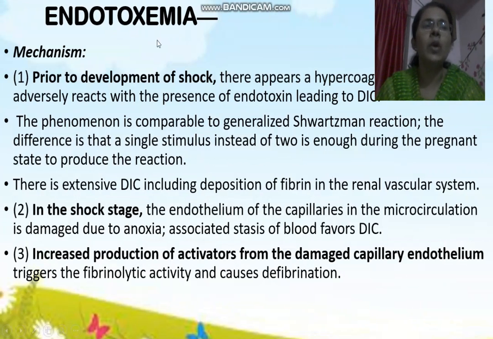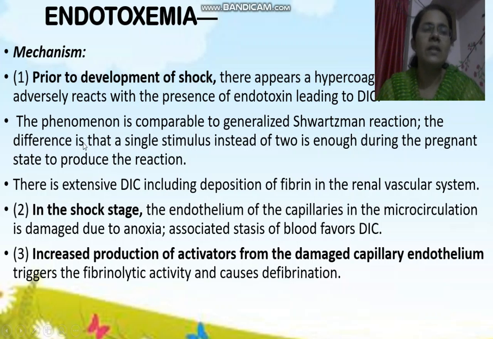Next is endotoxemia. The mechanism is that prior to the development of shock, there appears a hypercoagulable state which reacts adversely with the presence of endotoxin, leading to disseminated intravascular coagulation. The phenomenon is comparable to the generalized Shwartzman reaction, which is a hyperreaction.